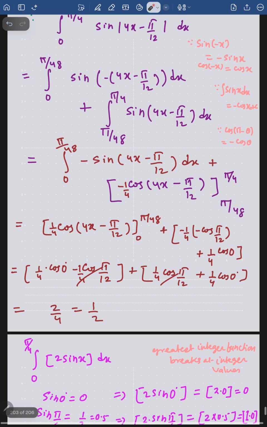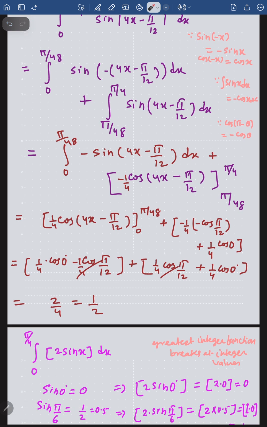Now we will solve the limit case. 1 by 4 will be there; if you put pi by 48 here, it will give you pi by 12 minus pi by 12, cos 0. If you put x as 0, cos of minus theta is plus cos theta, so minus will be there.